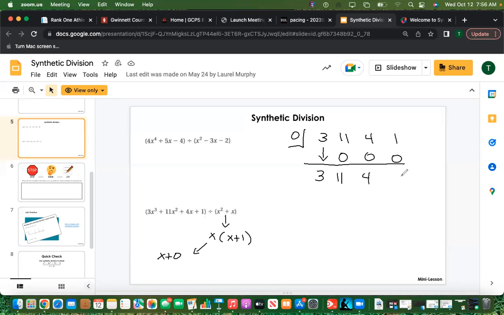And then we're going to add. See, that's going to make it even messier. If we have a remainder right here, that means that x plus 0 is not going to be a factor.